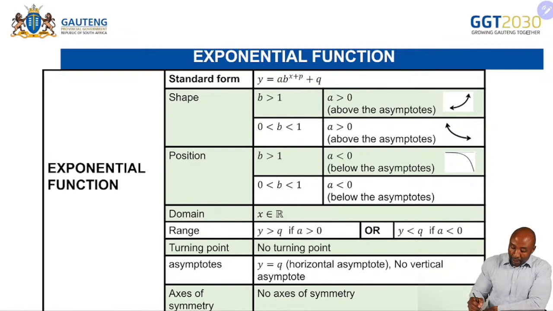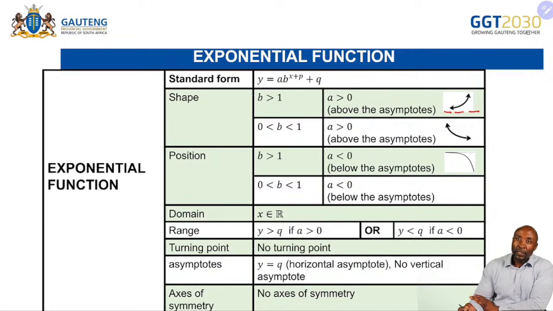Exponents, we did them from grade 8, but up to now, some of us do not know the meaning of an exponent. We make mistakes when we are dealing with exponents. You cannot multiply a by b, then raise it to the power x plus p.